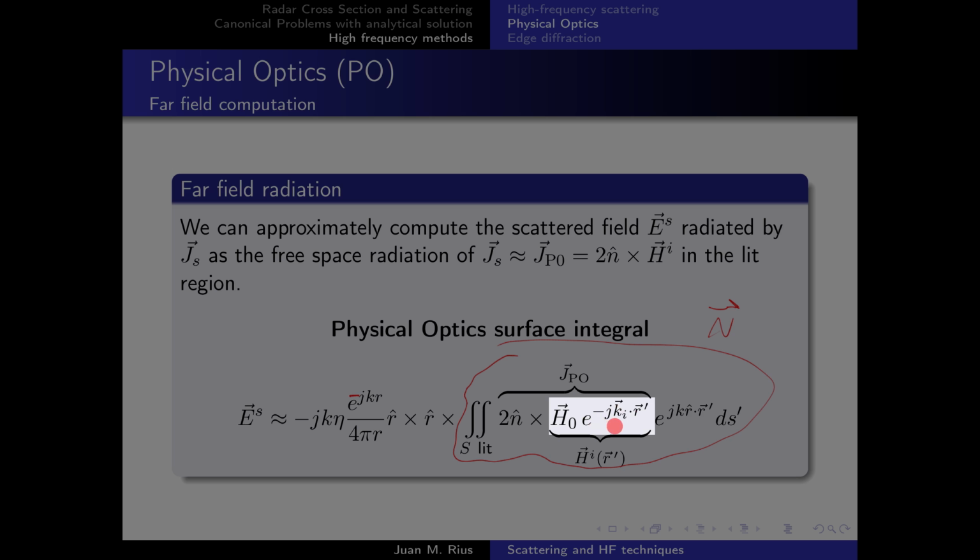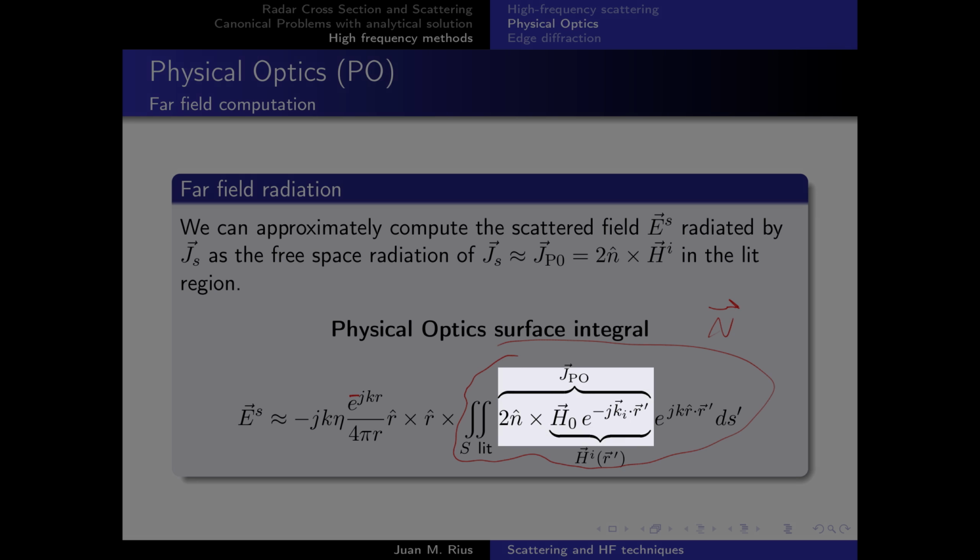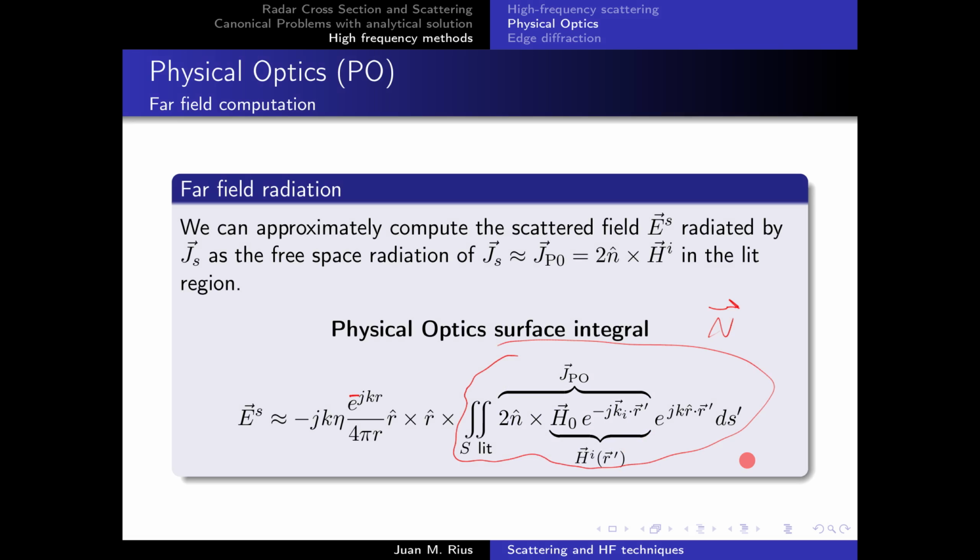This is the phase of a plane wave, and this is the amplitude and direction of the magnetic field, and then this is the physical optics current. So once we have a good approximation for the current, it's easy to compute the scattered field.